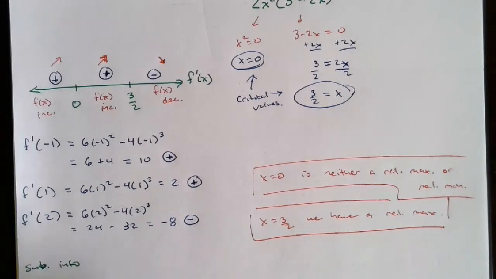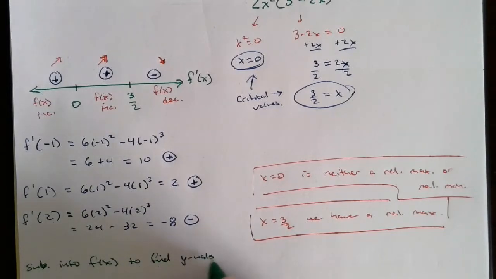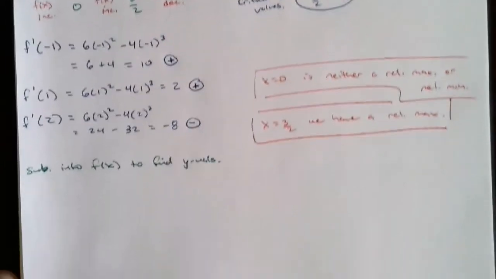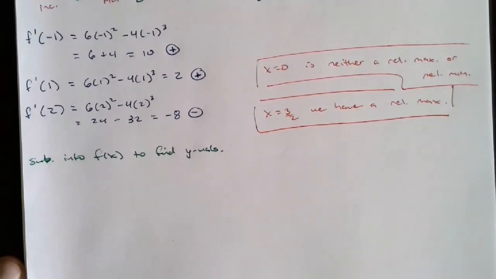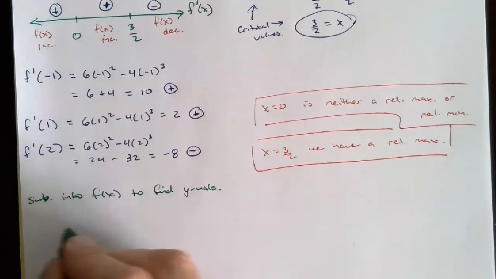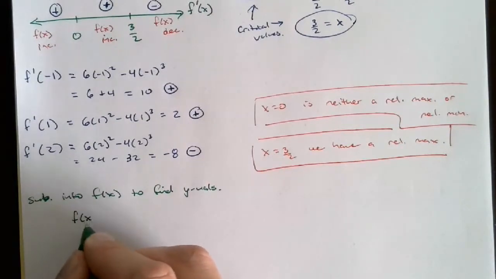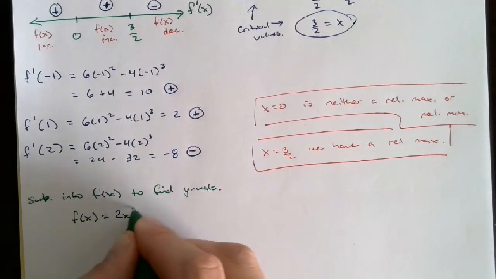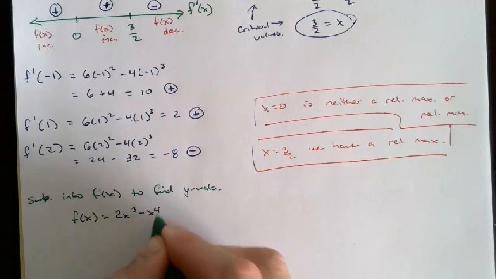You sub into f of x, the original function, to find the y values that go along with this. So the original function f of x, just reminding you from way up here, was 2x to the third minus x to the fourth.